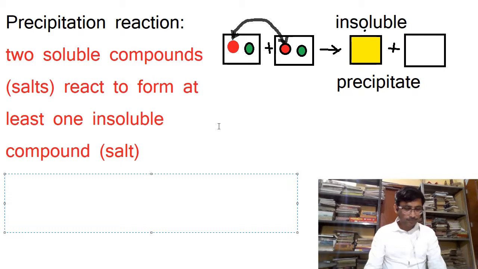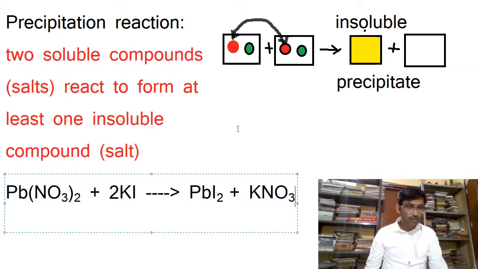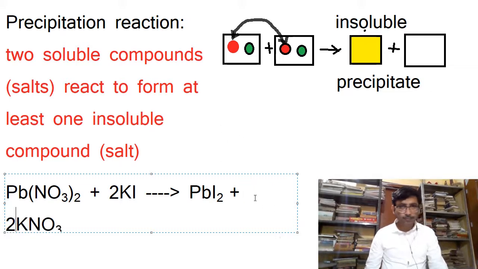The reaction is lead nitrate plus potassium iodide gives lead iodide plus potassium nitrate. Here there should be 2. So now it is balanced, right?